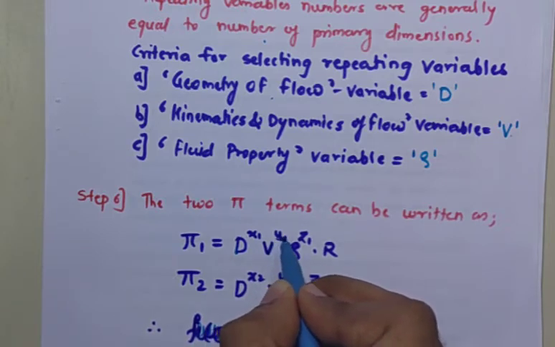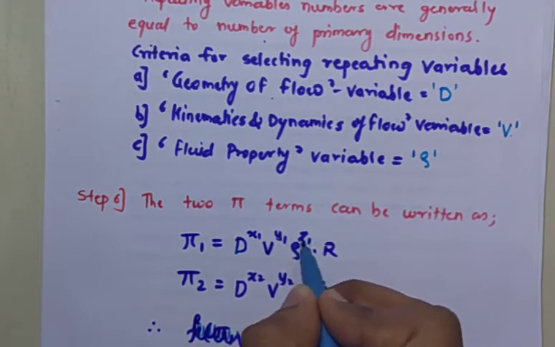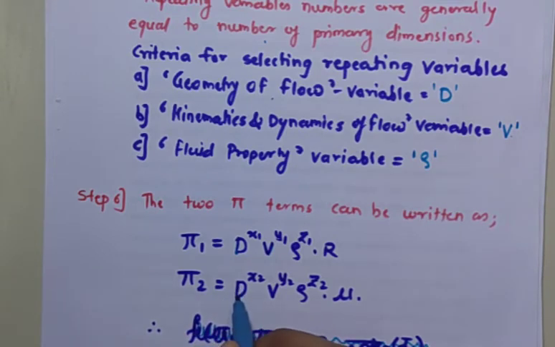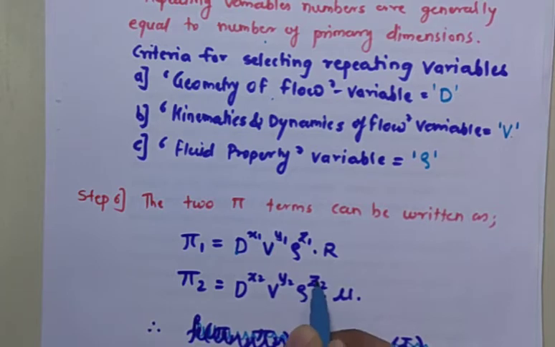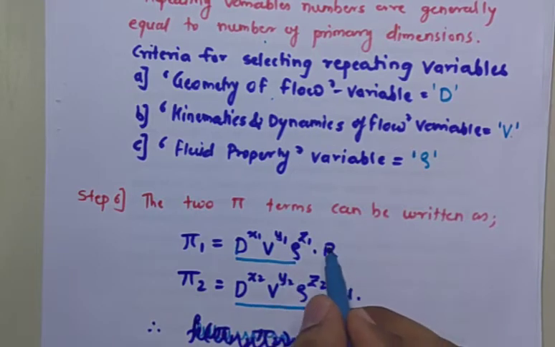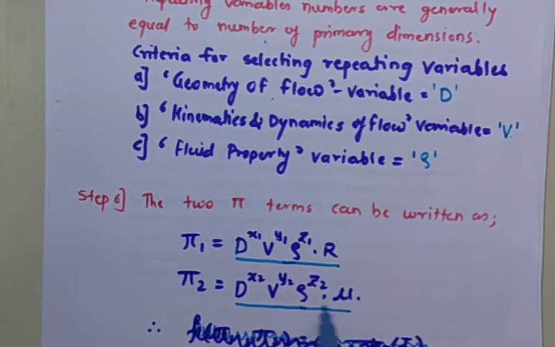V's exponent is y1, rho raised to z1 into R. Similarly, describe pi 2 as D raised to x2, V raised to y2, rho raised to z2 into mu. So D, V, rho, these are the repeating variables. Remaining variables are R and mu. So write this equation for pi 1 and pi 2 as this one.